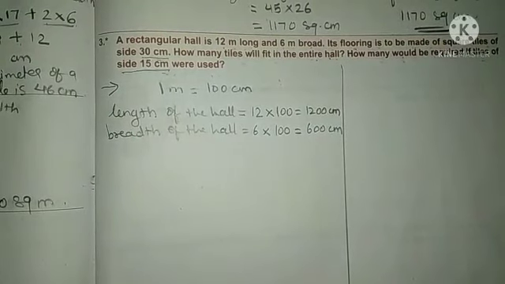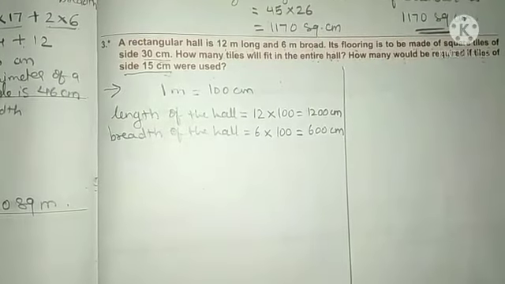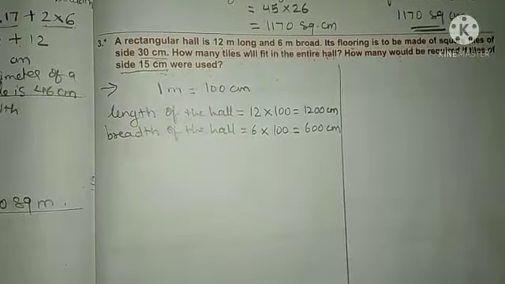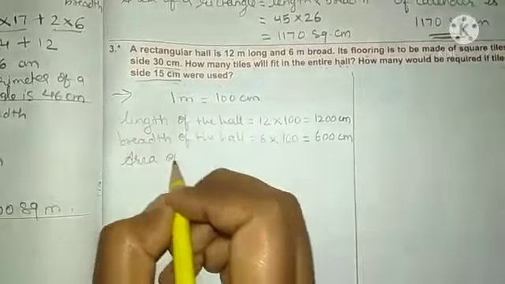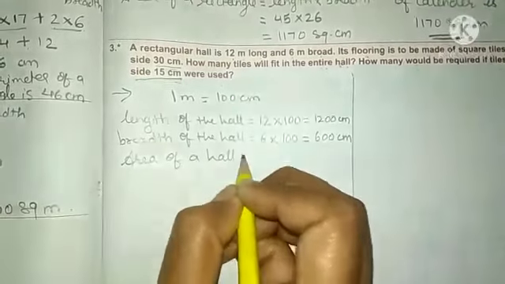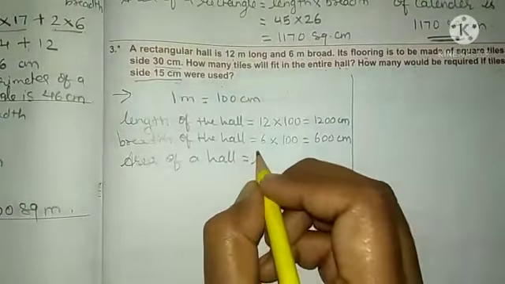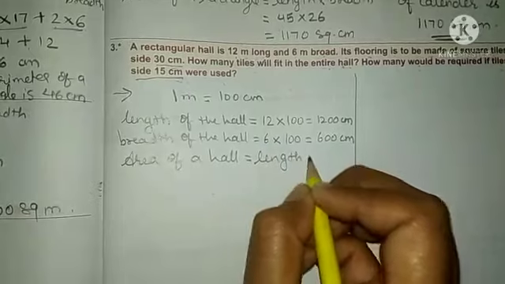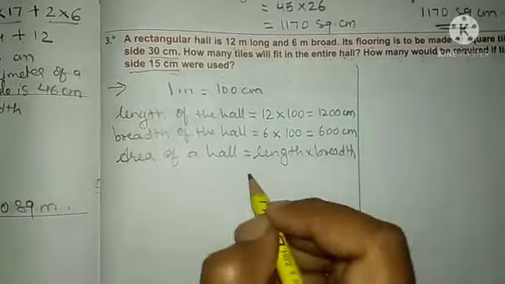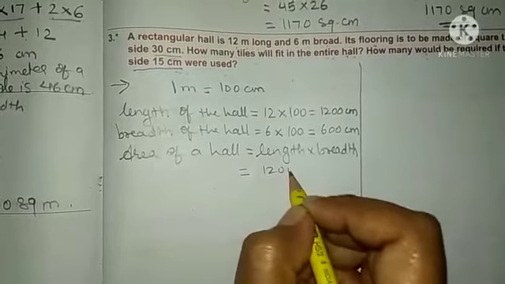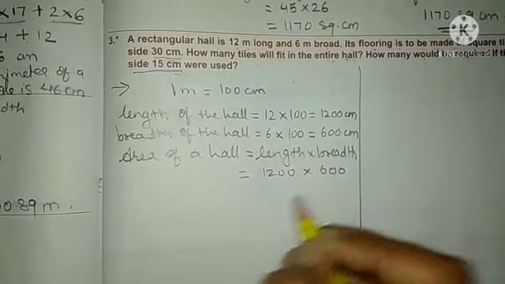Now what we have to do? We have to find out the area. So area of the hall, what is the formula? Length multiplied by breadth. Clear? So your length is 1200, your breadth is 600.